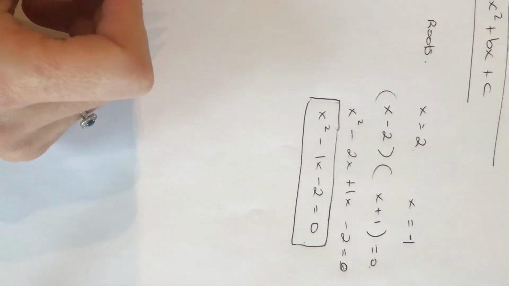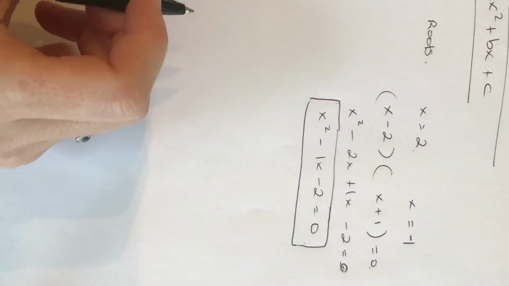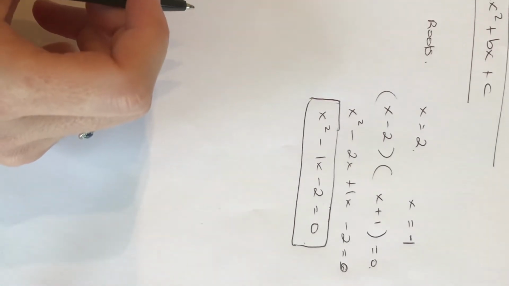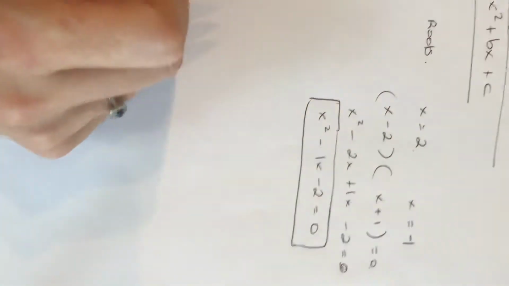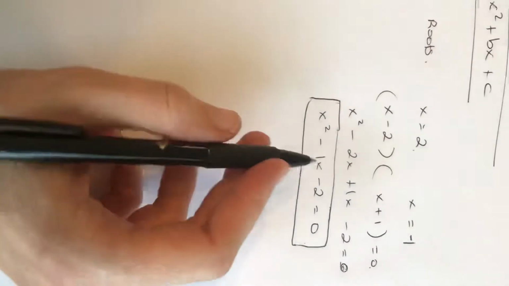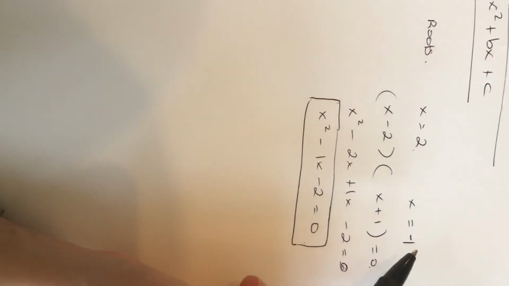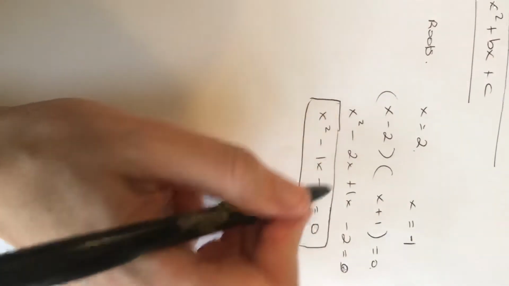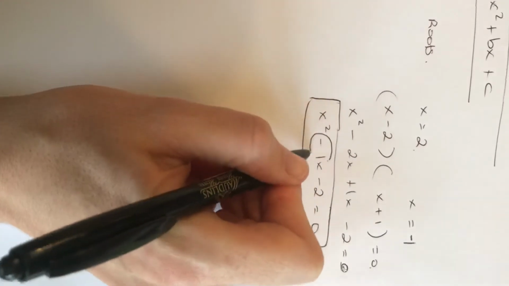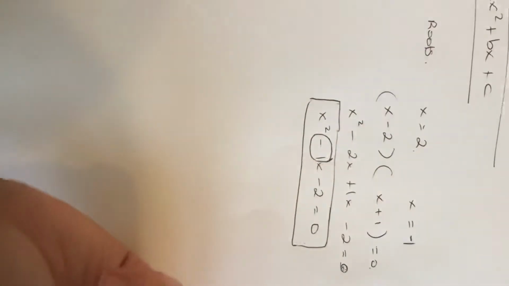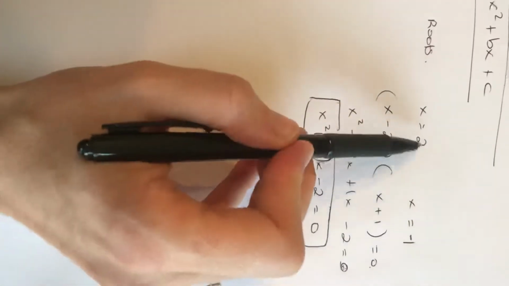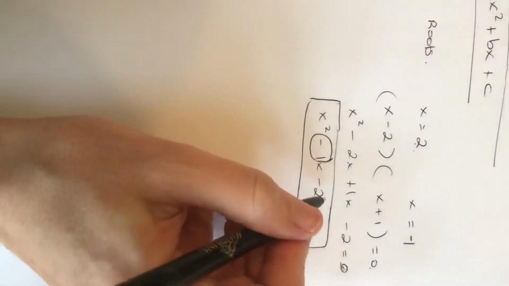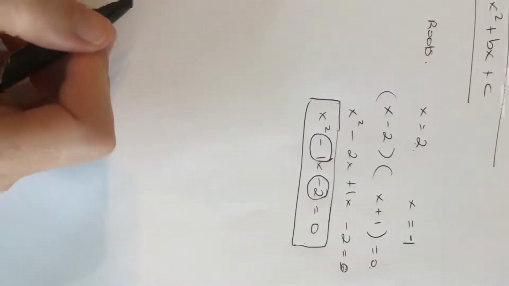Some people actually start to notice a pattern. I think that this is so fast, there's no need for the pattern, but you might notice the coefficient of the x is to do with the sum of the roots, and this is to do with the product of the roots.